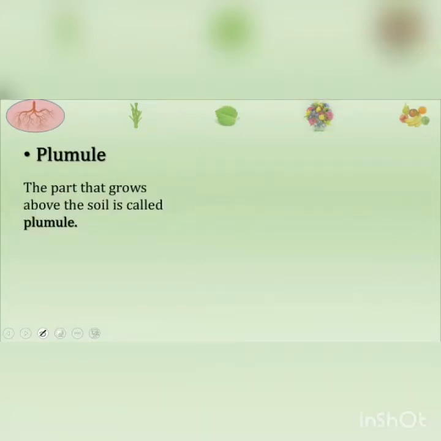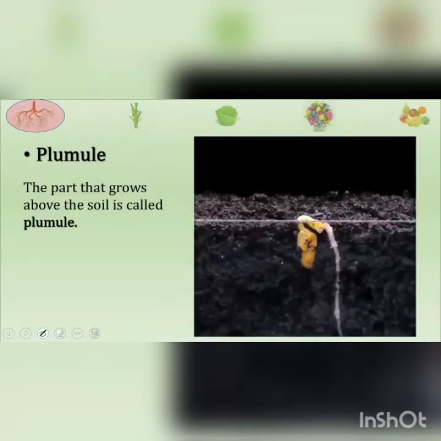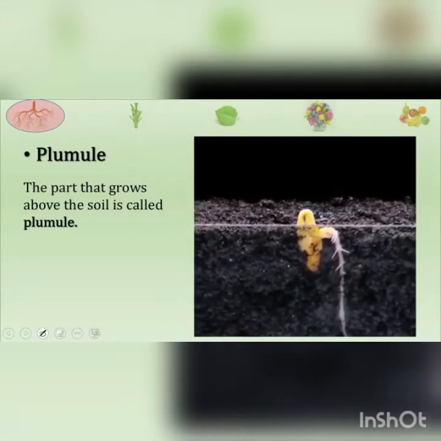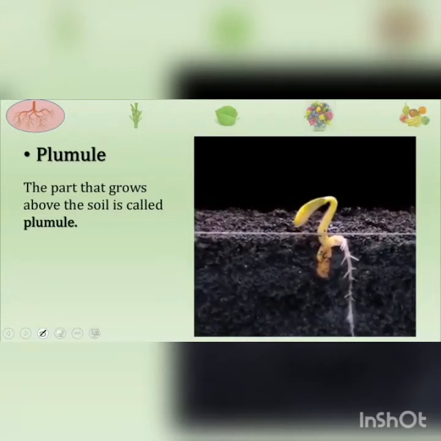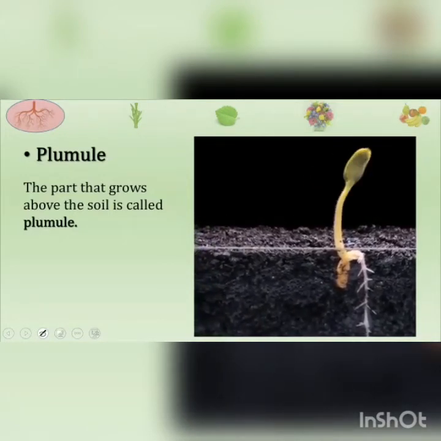Now next is about the plumule. The part that grows above the soil from the seed is called plumule. Let us see how it grows. So children, if you see this, the part is growing from the seed above the soil.